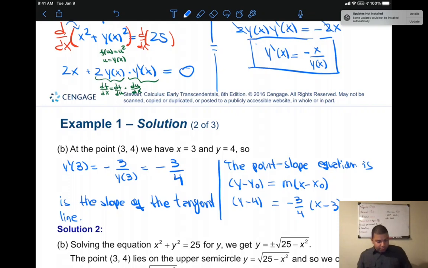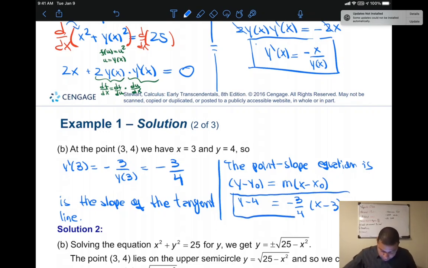You can leave it that way if you'd like, or you can use the distributive property and add the 4 to the right side to get the slope-intercept form. That's usually my favorite form, but I'll stop here because you know what to do from here.